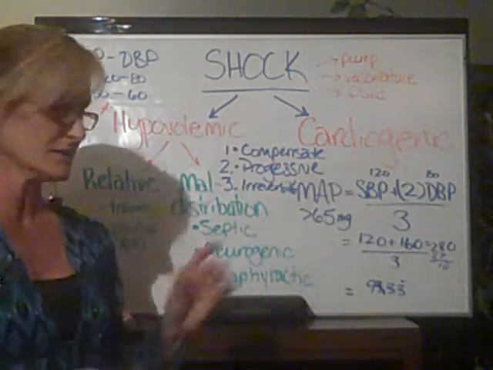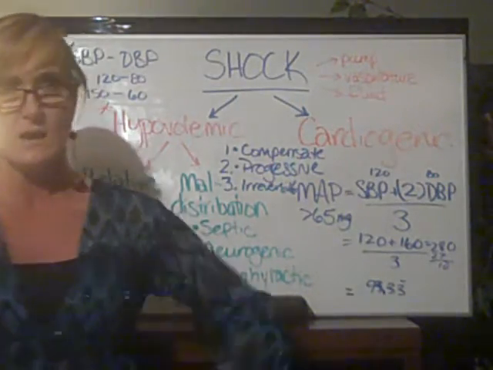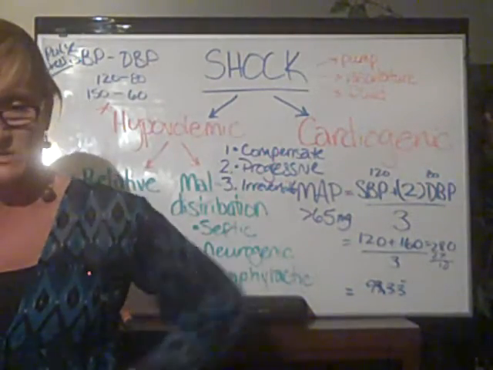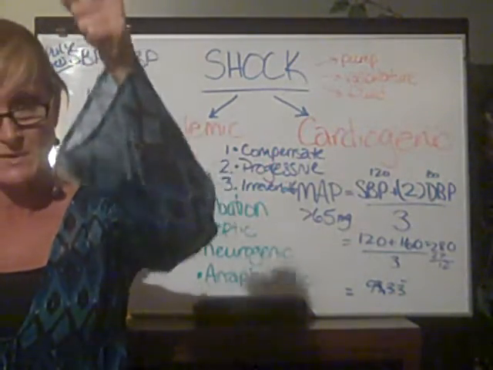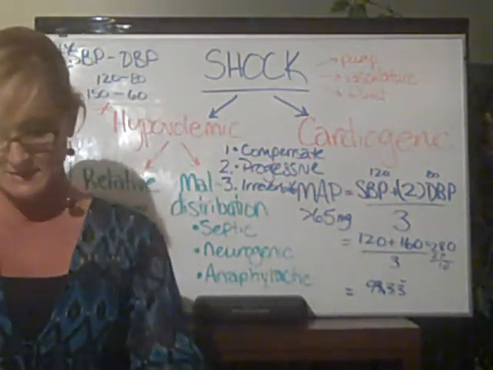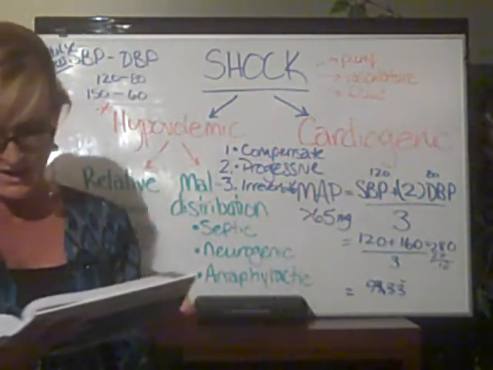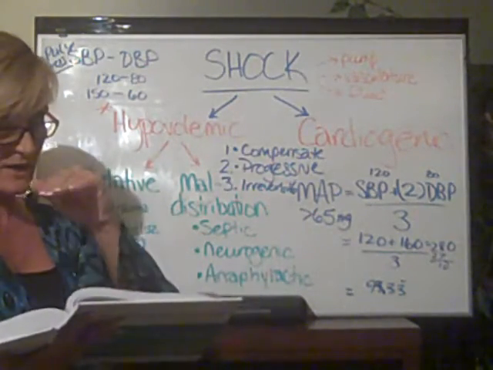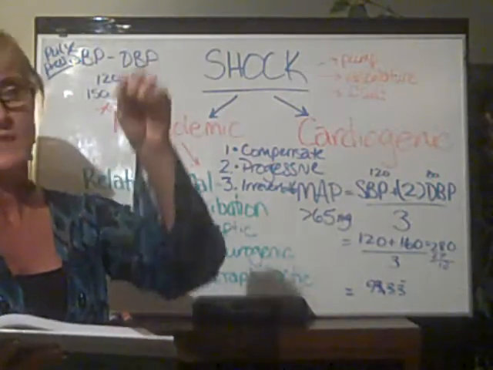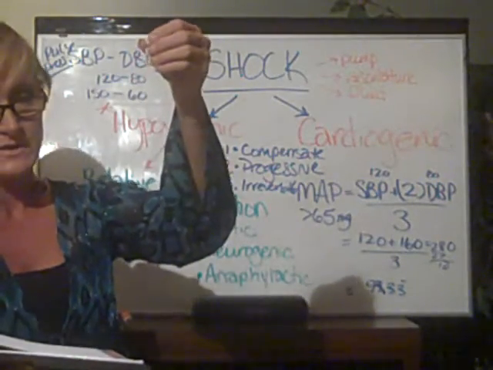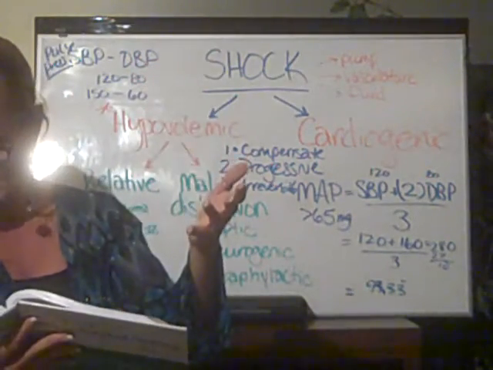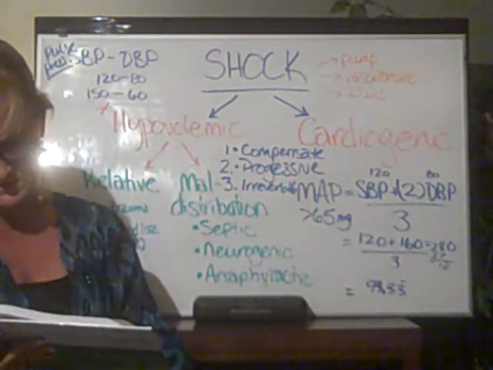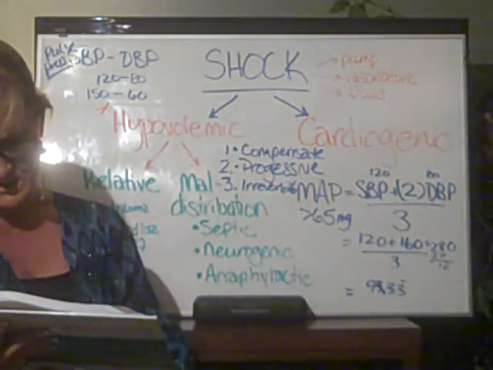Neurogenic shock, I already talked a little bit about. In neurogenic shock, the spinal cord injured patients, the sympathetic nerve runs through the spine, and in the event that spine gets severed, then all of a sudden, the sympathetic, it's down at level T something, T7 I think is where the sympathetic nerve comes out.